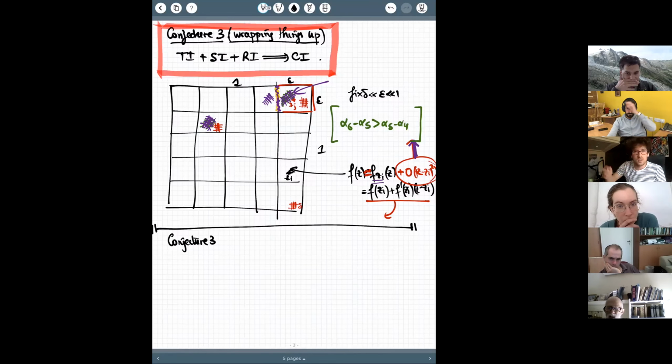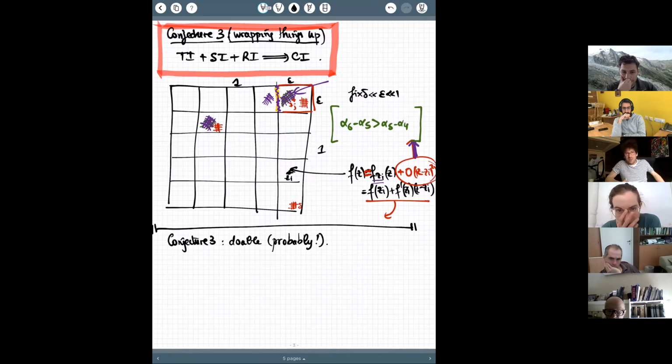I'm pretty confident, so this is probably doable. I'm insisting on the probably. The alpha are the critical arm exponents, but maybe just ignore this comment. We will not use it at all for the rest of the talk anyway. Okay, so conjecture 3 is probably doable.